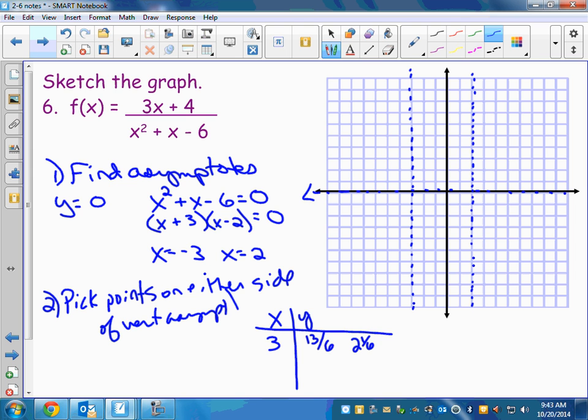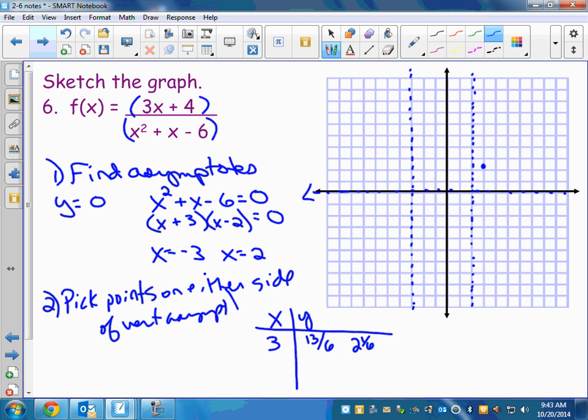Which you can type on your calculator. I'm okay if you type it on your calculator, but either do the top and the bottom separately or use parentheses. If you don't use parentheses, it's going to give you the wrong answer. If you have issues with this, let me know. But if I put 3 in here, I know that this is going to be at 2 and 1/6. I could be really accurate and maybe pick another point over here to see how fast it's coming down, right?